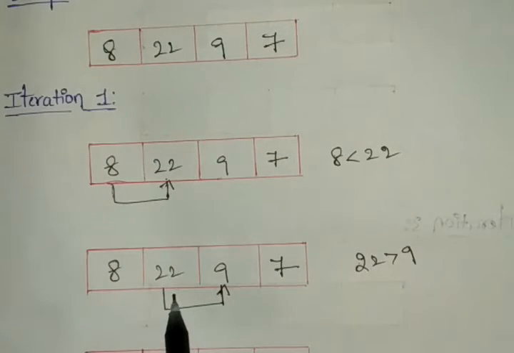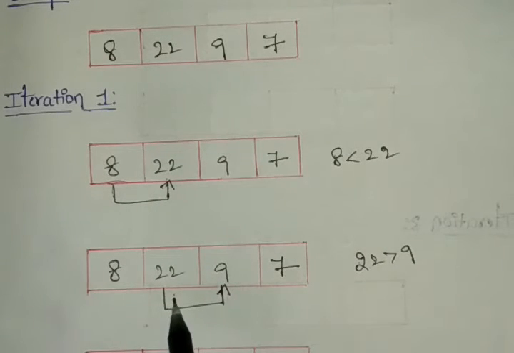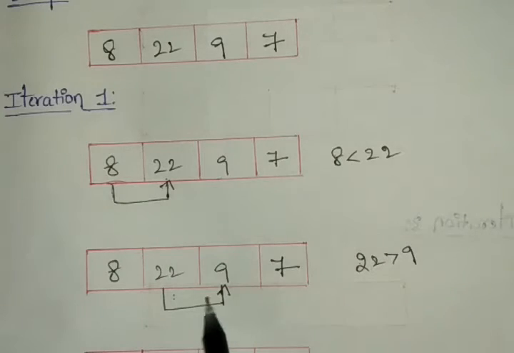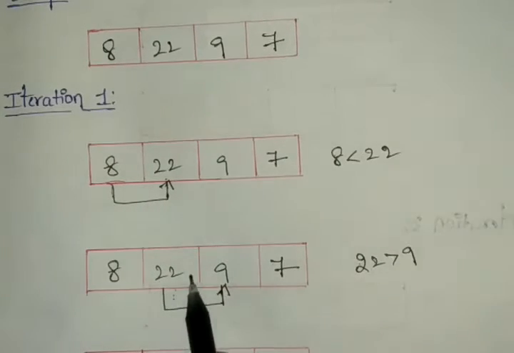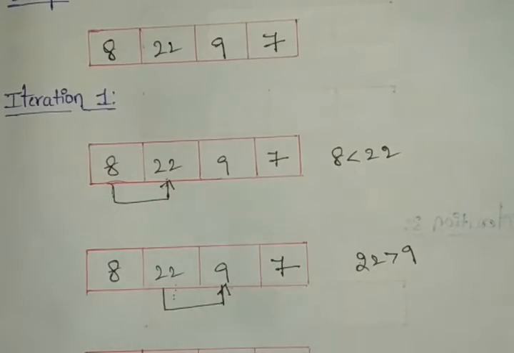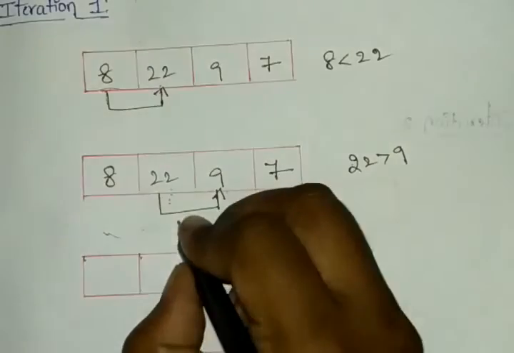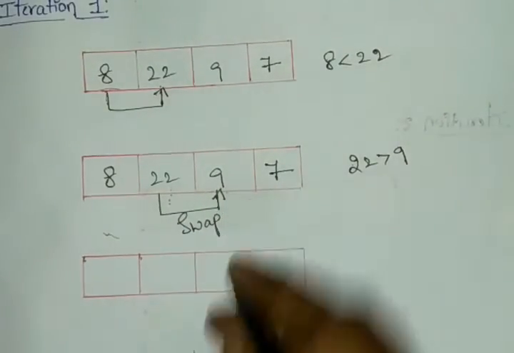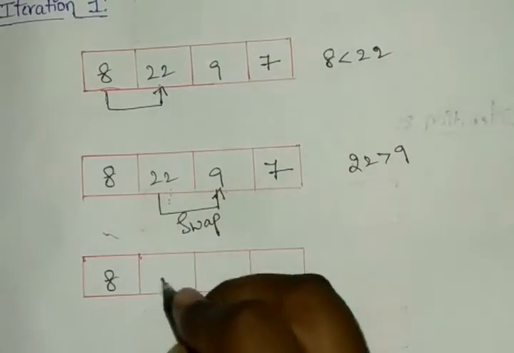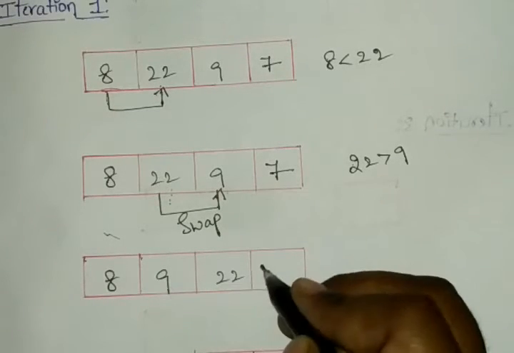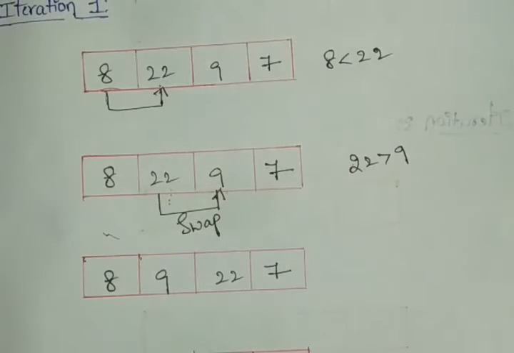So this is the larger, and now you have to swap these positions. 9 takes the position of 22 and 22 takes the position of 9. After swapping we have 8, 9, 22 and 7.